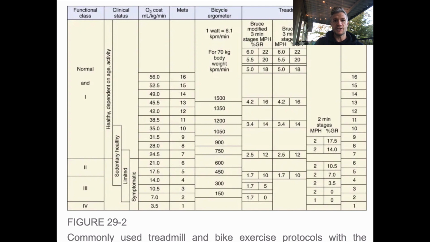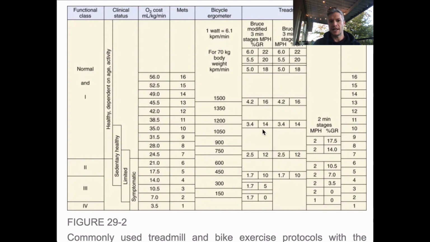So just something of interest to see that, okay, truly, we can figure out if someone cycles at 10 METs, that's the same as saying their VO2 cost is 35 milliliters per kilogram per minute. That's probably at the upper end of capacity for a sedentary or a non-active or physically active person.